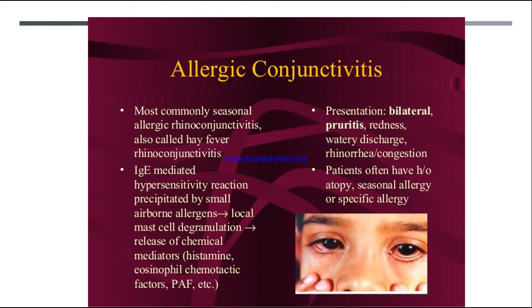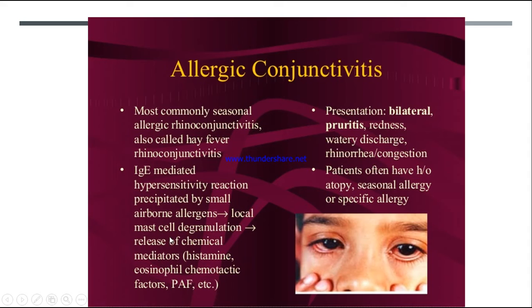In allergic conjunctivitis, an IgE-mediated hypersensitivity reaction is precipitated by small airborne allergens, for example pollen grains. Because of this, the IgE-mediated hypersensitivity reaction will take place, and this will lead to local mast cell degranulation.